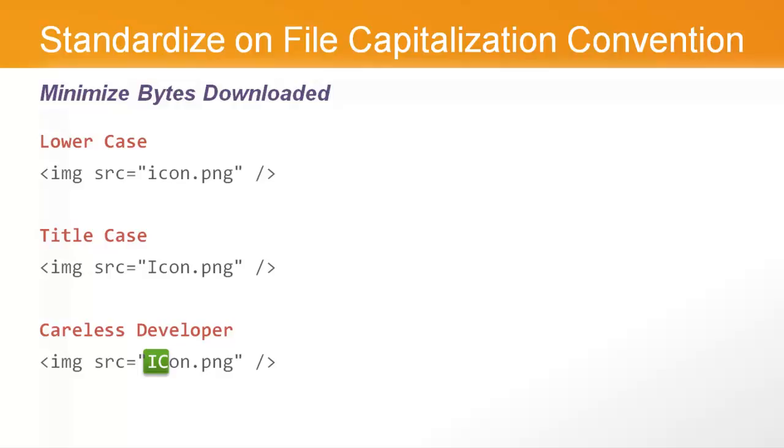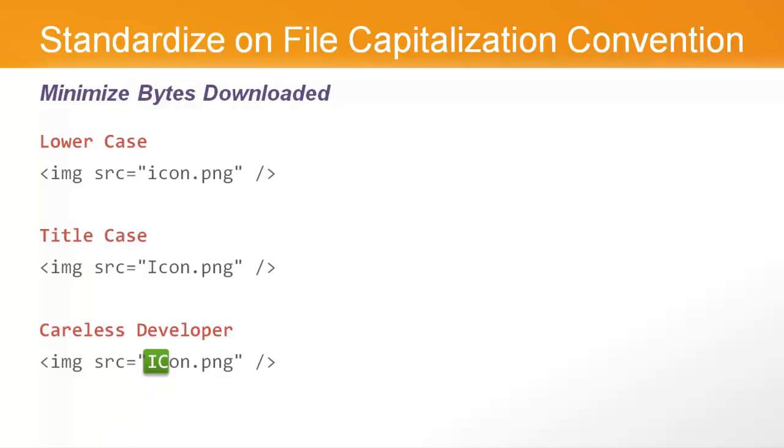That means, especially for images that we're going to be reusing across different pages, we want to make sure that we settle on one type of capitalization, whether it be all lowercase or title case, or for those careless developers, we're going to have different types of capitalization across files.